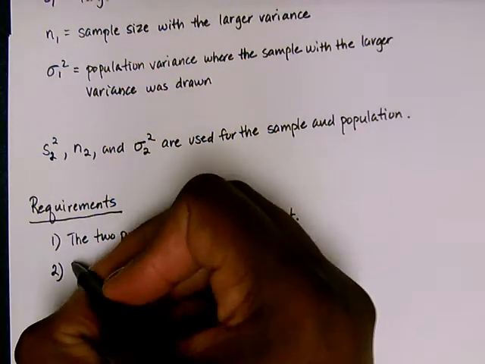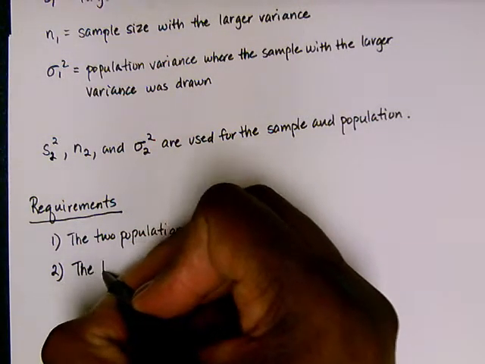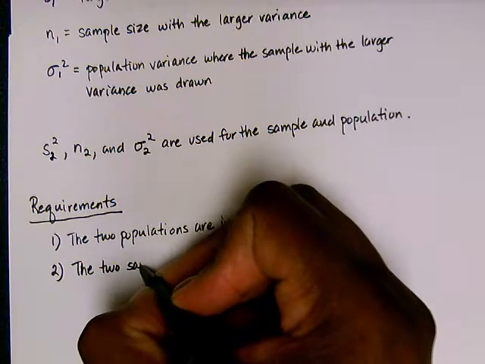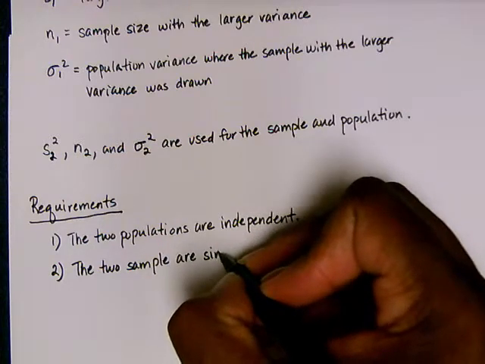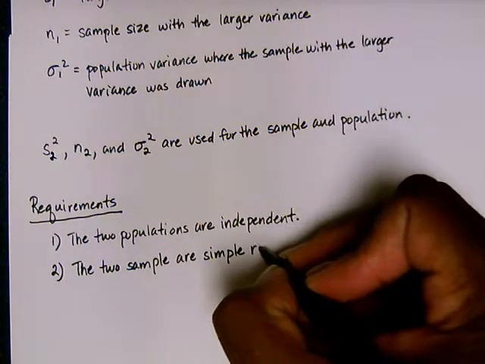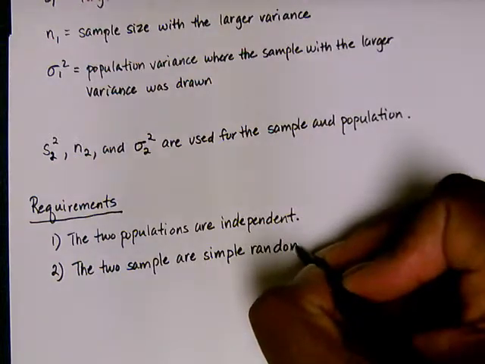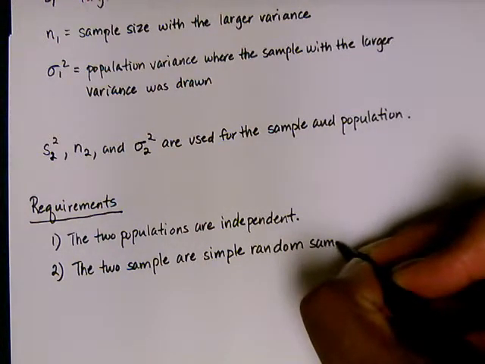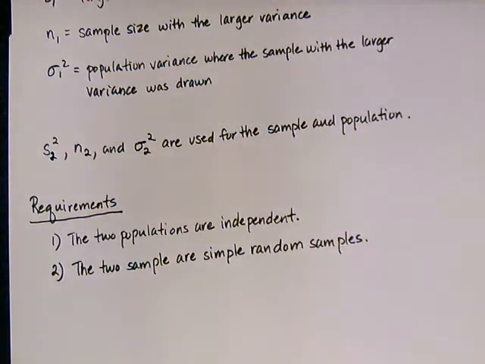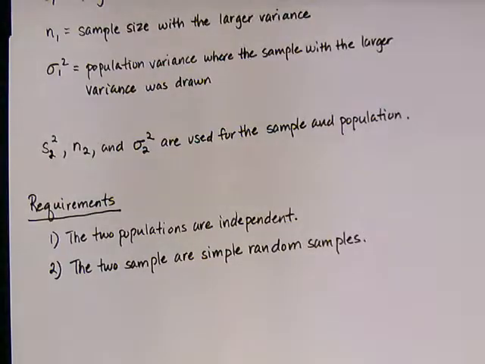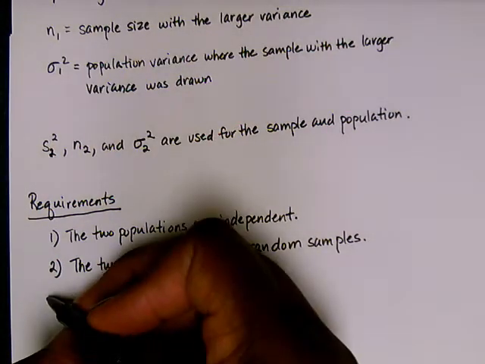Then number two, the two samples are simple random samples. In other words, by definition of a simple random sample, samples of the same size have an equal chance of being selected.